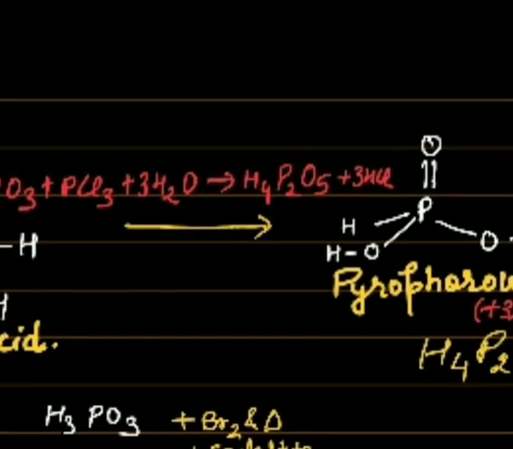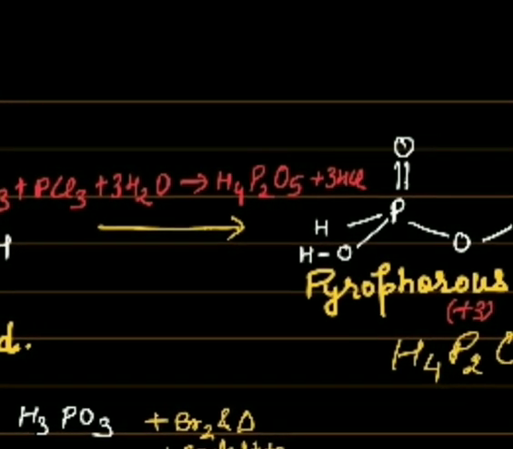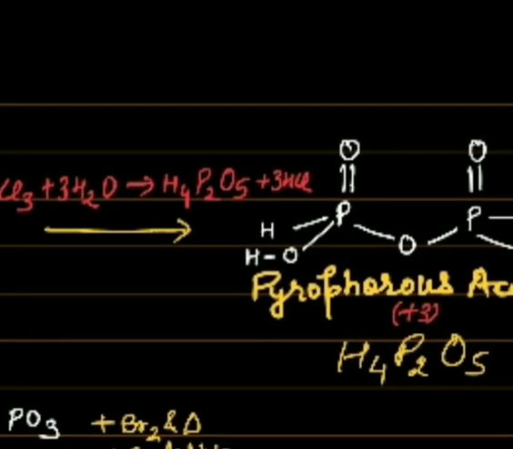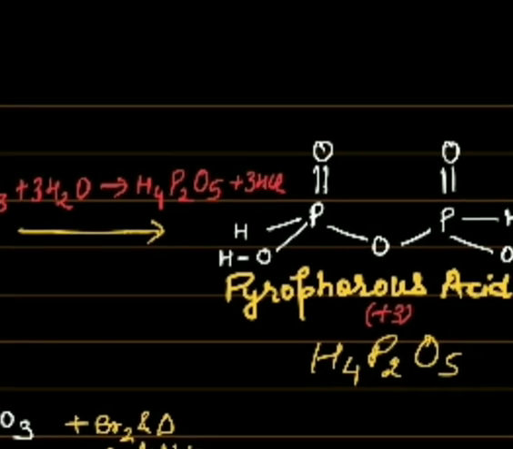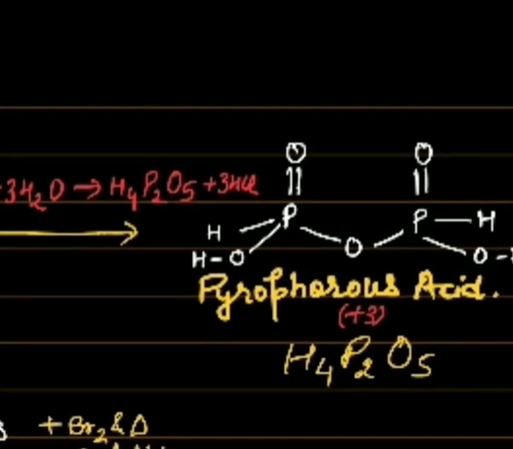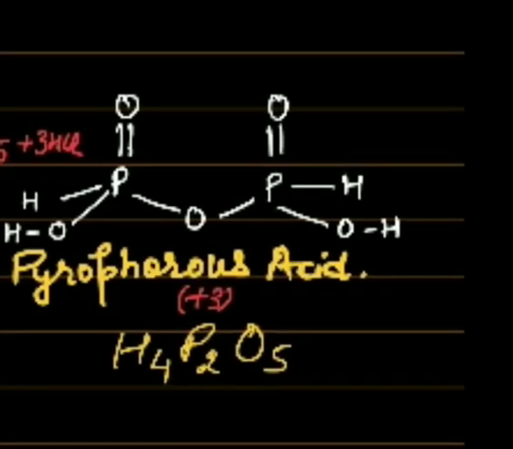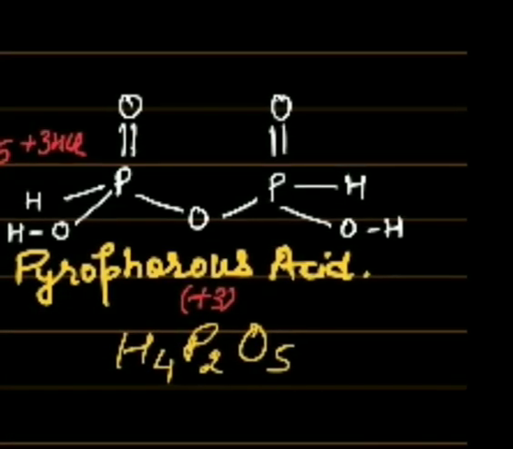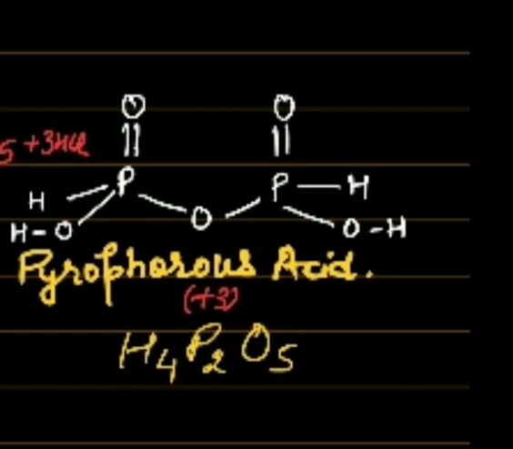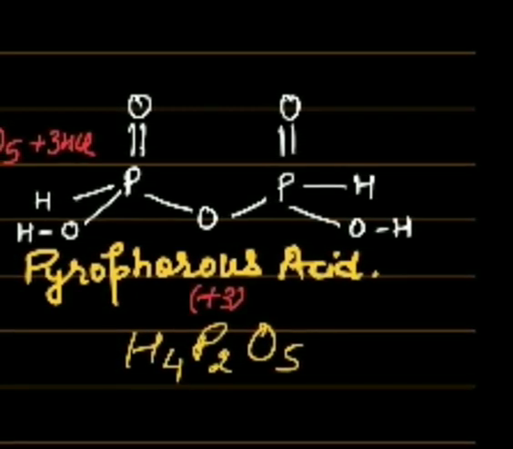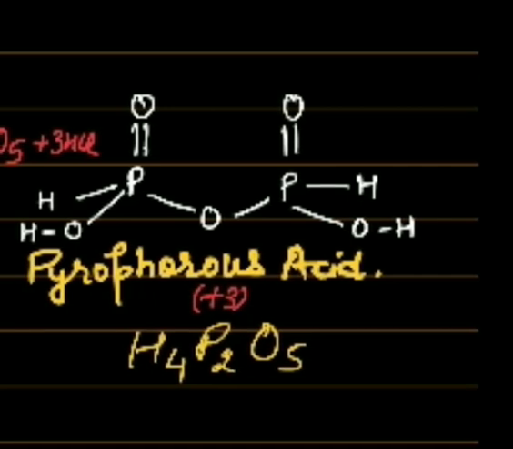So it leads to the formation of pyrophosphorus acid, which has the formula H4P2O5. Now we can see from the formula that there are two phosphorus atoms, but oxygen is present in an odd number. So the one extra oxygen will bridge the two phosphorus atoms together.